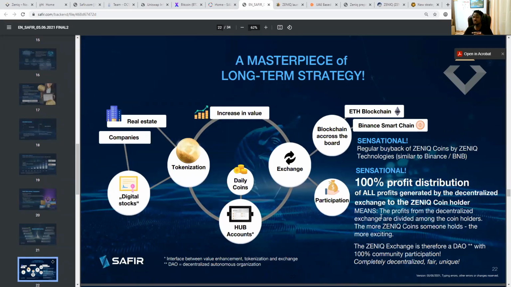That is, if you are an investor, if you are a business builder and you want to look at the long-term perspective, then Zeniq is one masterpiece that you can put into your considerations. And of course, what you see on the screen is the value that the Zeniq coin has designed to have, because the tokenization or the returns from tokenization, a huge volume will be used in the coin development.